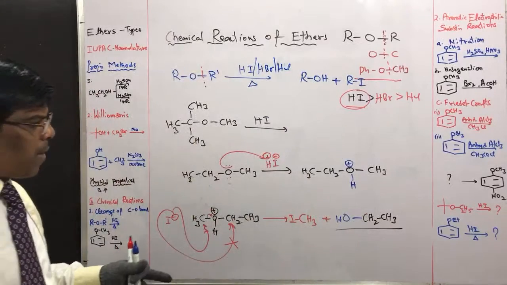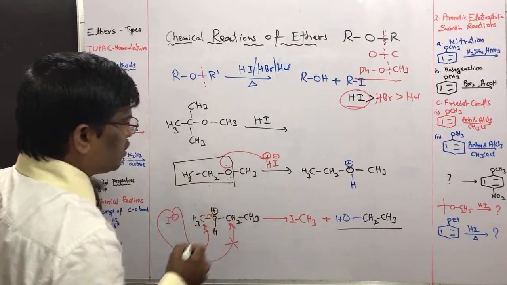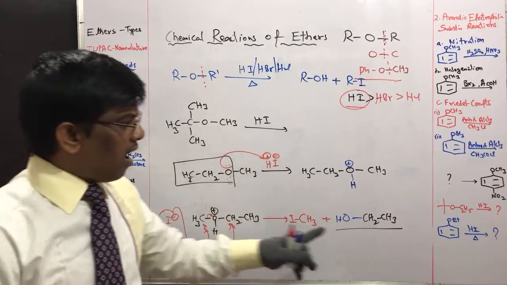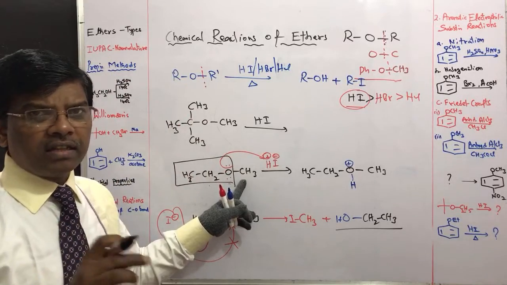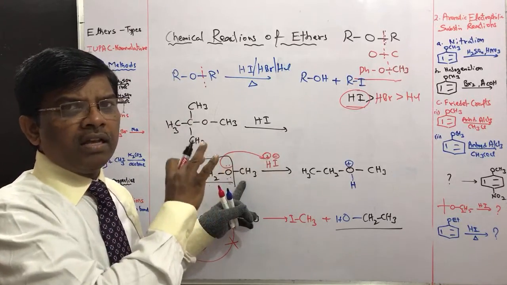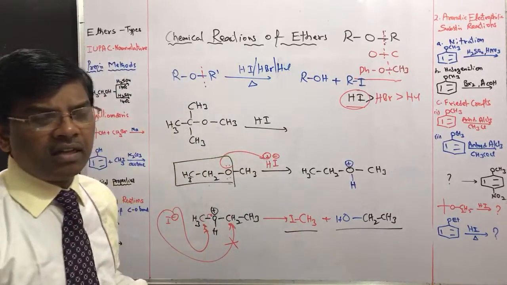That means whatever ether you take, the bulkier group is going out as alcohol, and the smaller alkyl group is going out as iodide.